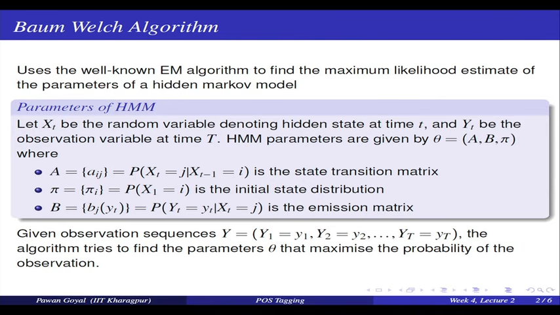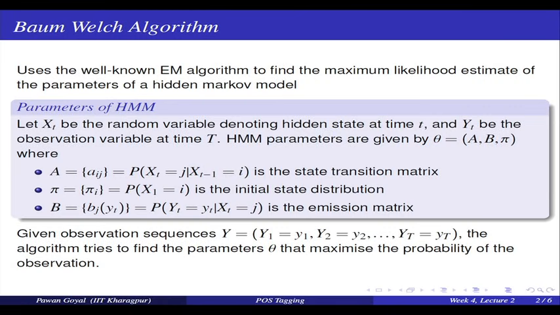My aim is to find the optimal set of parameters theta that maximize the probability, the likelihood, of observing these observation sequences. That's where I am using the Baum-Welch algorithm, that is, the expectation maximization algorithm.